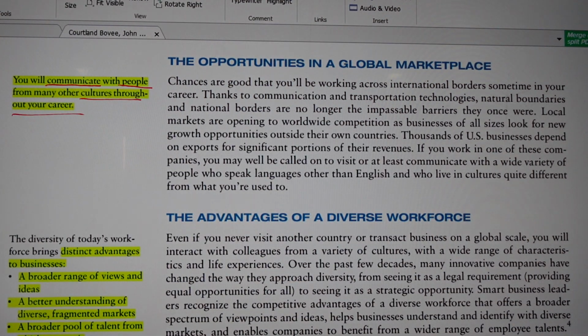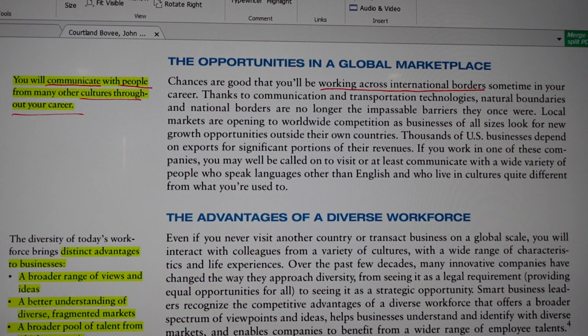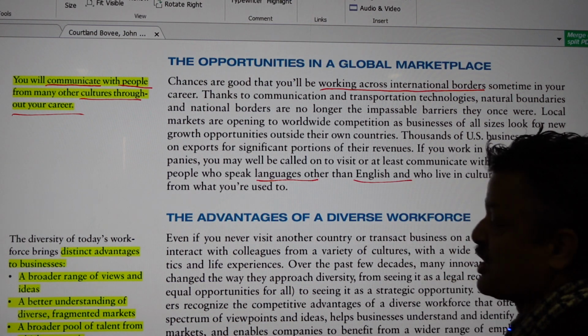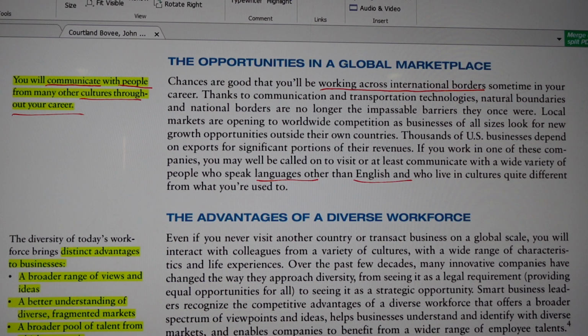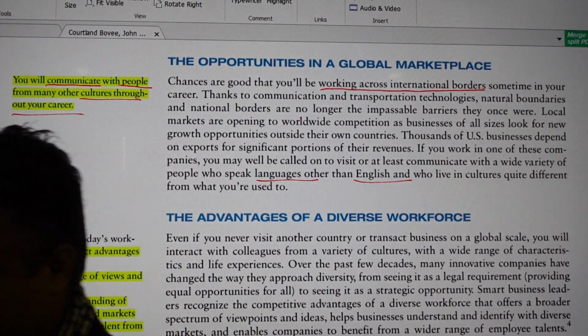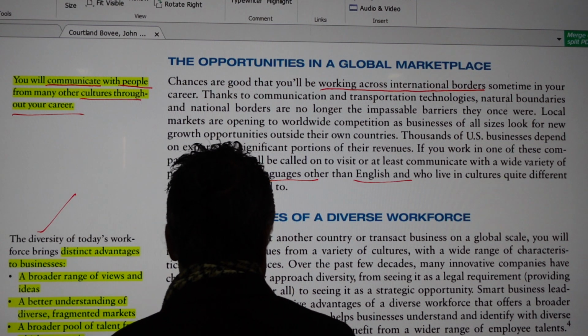Right? You will work across international borders. You will speak many languages other than English. So you will come across cultural diversity. What are the advantages? Let's read the advantages.